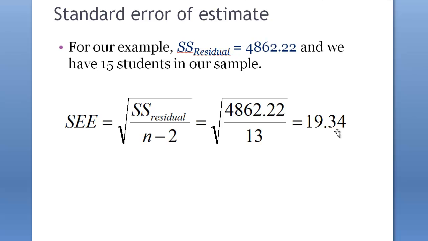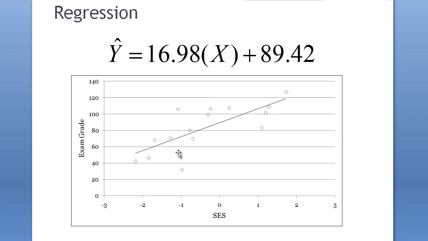That's a typical amount of residual, or error, you find from this estimate. This is error, this is also error, this is also an amount of error. The average of all these is 19.34.